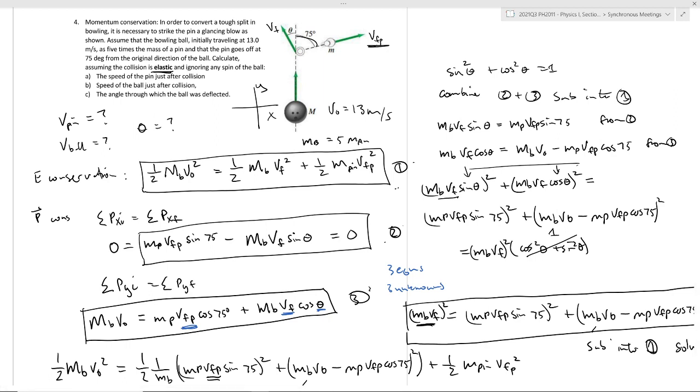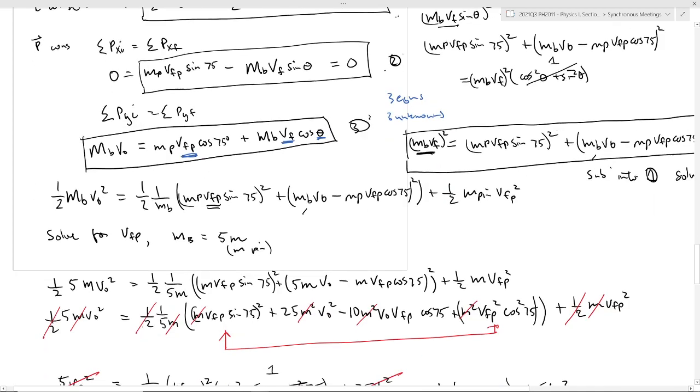The procedure is the same. You set up your equations for momentum conservation and for energy conservation, and you're going to do algebra to solve them. So hopefully this one is a good reference for you to have for a more complicated momentum conservation question.